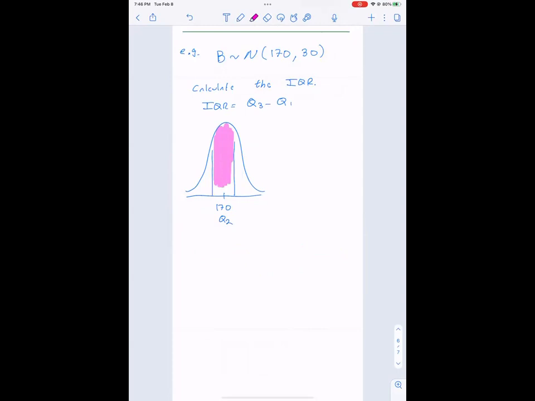So how can I use my knowledge of what I've learned so far to determine the middle 50%? If this is the middle 50%, what is this part here? 25%, correct? That was a clue.